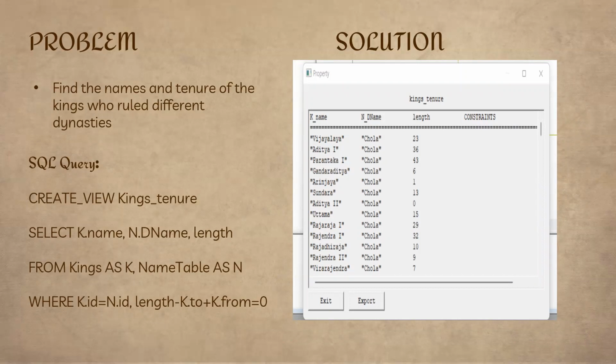It will subtract from from to in the king's table, and it gives a length. Length here means the tenure of the king in years. So these are the kings: Vijayalaya, king of Chola dynasty, ruled over 23 years, Aditya I ruled 36 years, and so on.